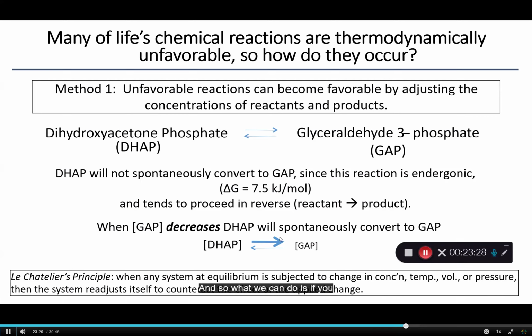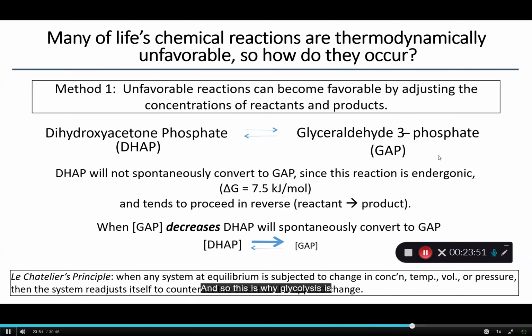And so if you decrease the concentration of this molecule, that will automatically make this molecule more abundant, and then the reaction will tend more towards DHAP to GAP. Basically, we have to find a way in our bodies to make GAP scarce.